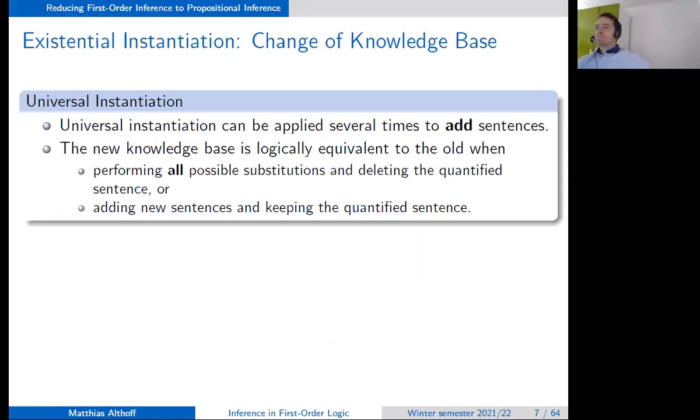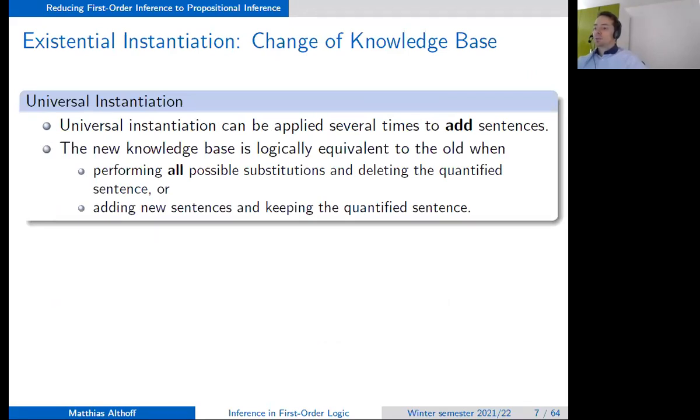Now let's talk about what we can do without changing the knowledge base. In universal instantiation, we can apply these replacements several times to add sentences. The new knowledge base is logically equivalent to the old when performing all possible substitutions given the knowledge base and deleting the quantified sentence.